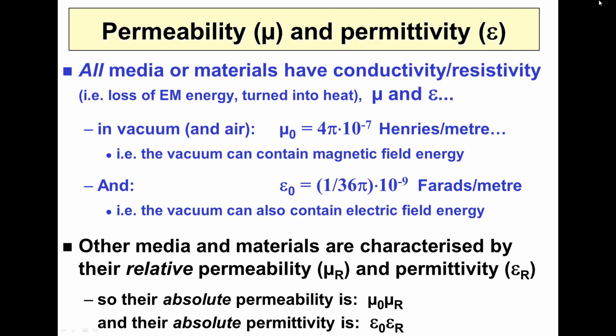So the absolute permeability of any material is its relative permeability times the vacuum permeability, and the absolute permittivity, or dielectric constant, is the relative permittivity times the vacuum permittivity.